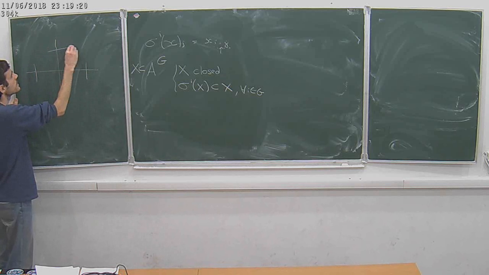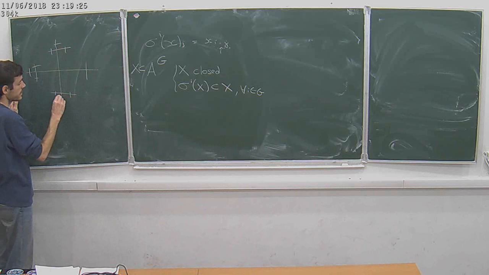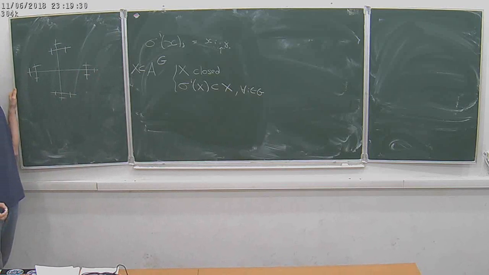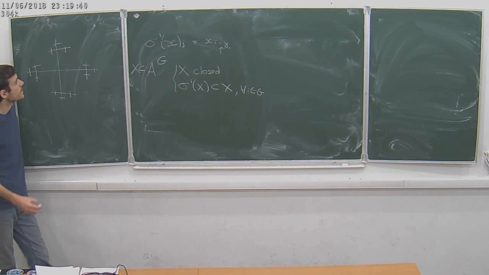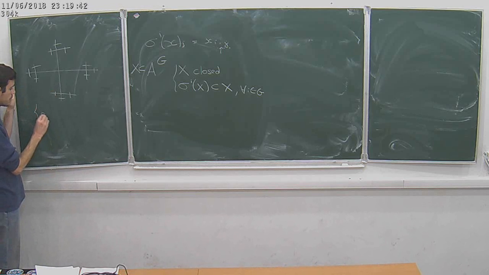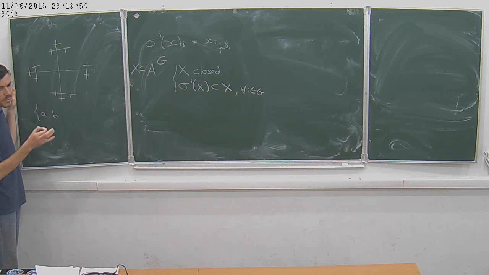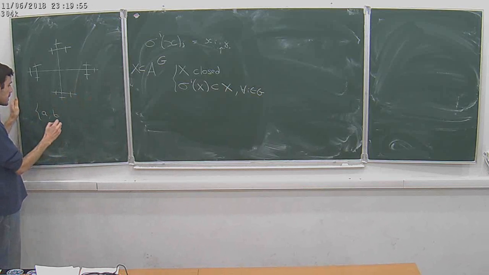What is a Cayley graph? It's a possibly infinite graph, so the group is infinite, because the set of vertices is the set of elements of the group, and the edges are labeled by a set of generators. For example, here I have two generators, A, B. Let's speak only about groups. Let's forget about semigroups, but there is a larger setting about semigroups.